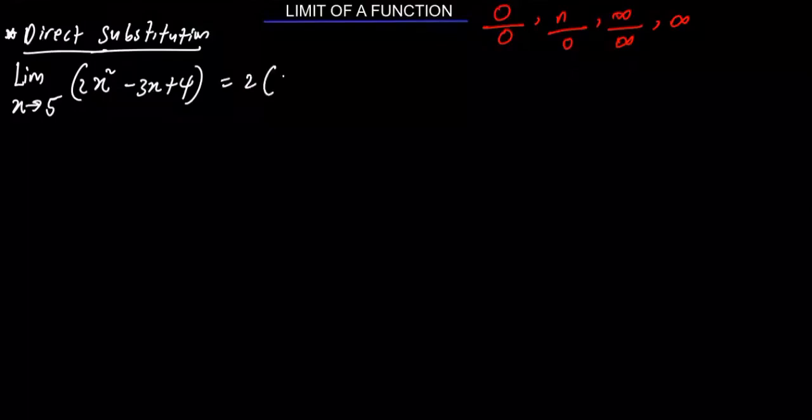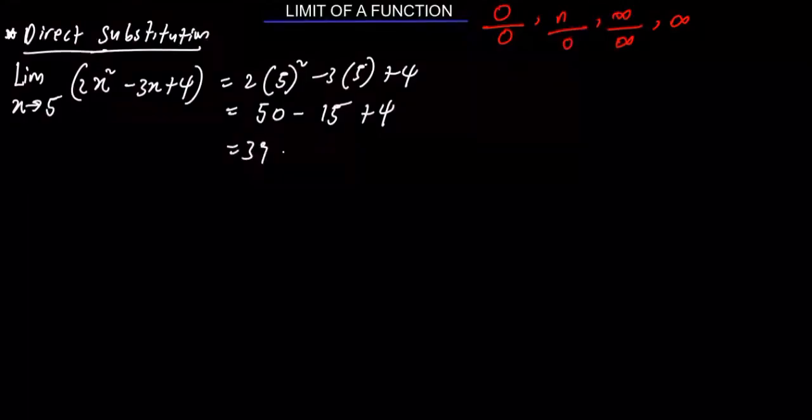So we have 2 times 5 squared minus 3 times 5 plus 4. Then 5 squared is 25, times 2 will give me 50, minus 15, then plus 4. 50 minus 15 is 35, plus 4 gives me 39. As simple as that.